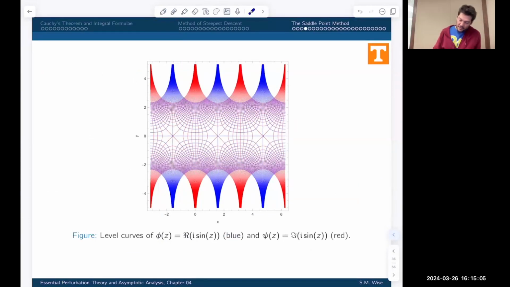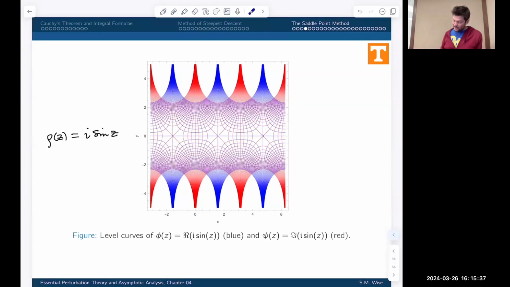Suppose we start off with rho being equal to this function. So rho of z equals i times sine of z. Then the real and imaginary parts, I'll show you exactly what those are and how to calculate them in a moment, look like this.